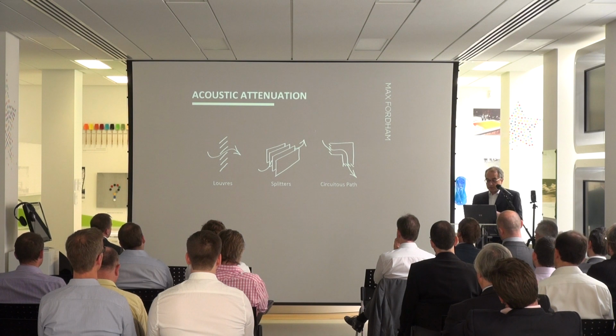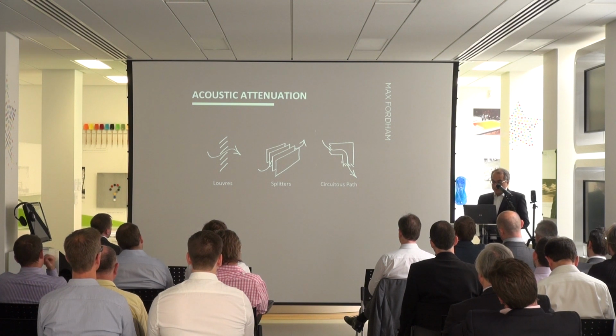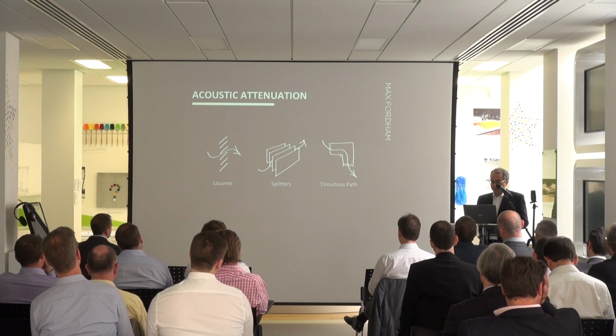To provide the acoustic attenuation, we have basically three types of attenuators. It's either the louvers, where there is absorption in each of these blades, the splitters, where the flow runs parallel to the acoustic absorbent slabs, and then there is the circuitous path where the absorption is, for example, lining the bend.